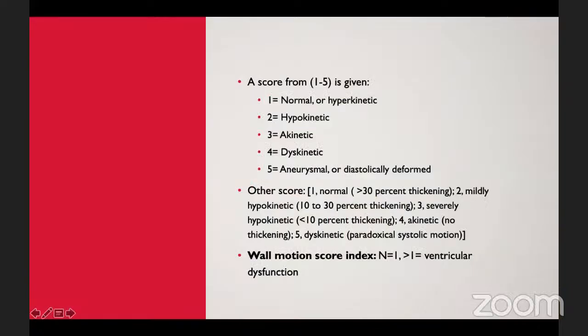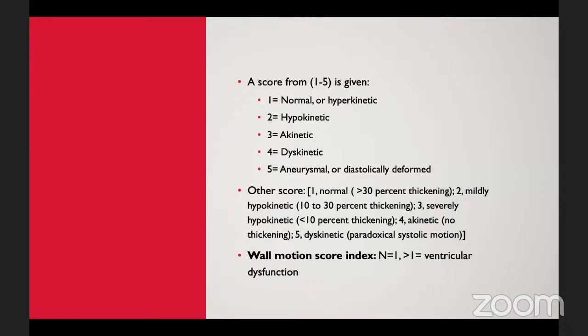So when assessing the regional wall motion abnormality for each segment, you will assess whether this part is normal, and we'll give it a score of 1, hypokinetic, akinetic, or dyskinetic, or even a 5, which is an aneurysmal or diastolically deformed segment of the myocardium. As the myocardium gets worse, the score will be higher. There are some changes, especially with the TEE.